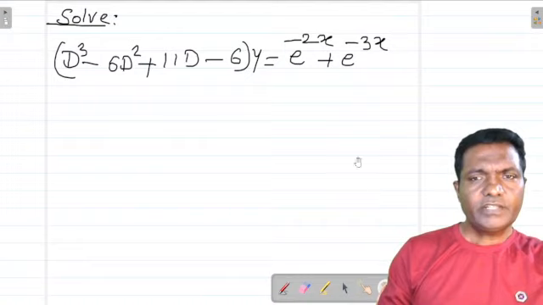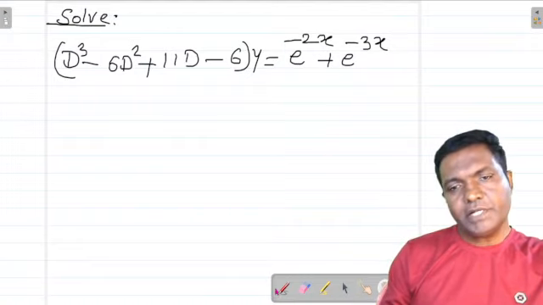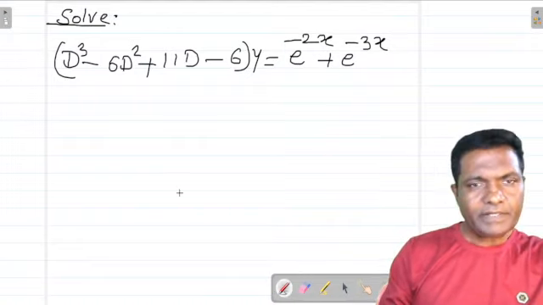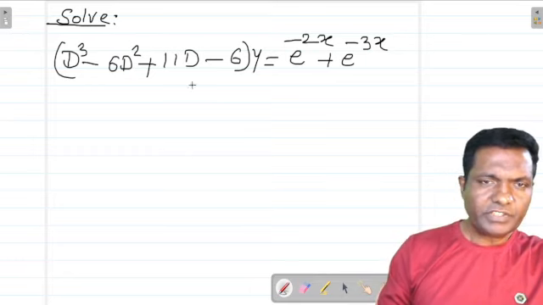Okay, so here are two functions, so we'll need to find separate yp's for these two functions.